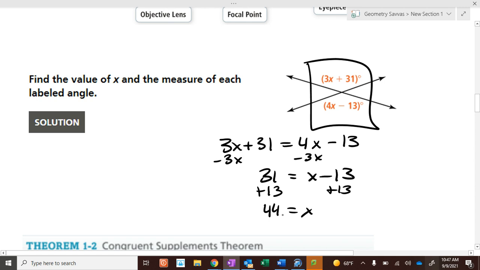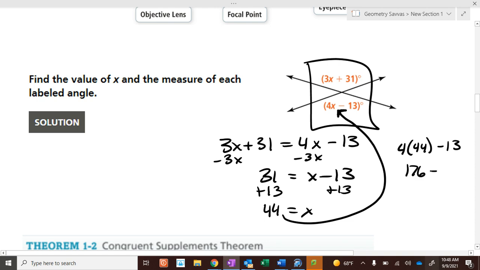So if x equals 44, how big is that angle? Well, you have to take 4 times 44 and then subtract 13 from it. 4 times 40 is 160. 4 times 4 is 16. So 160 plus 16 is 176. Minus 13 is 163.